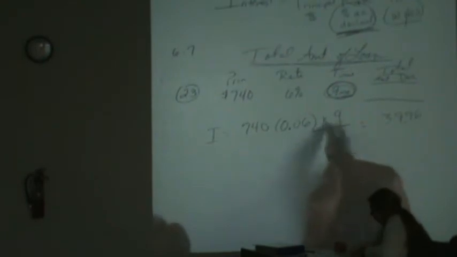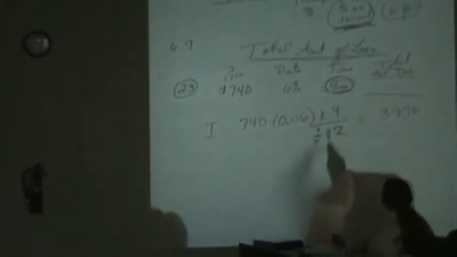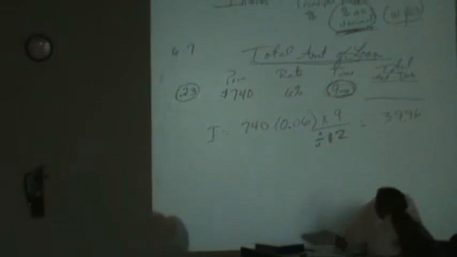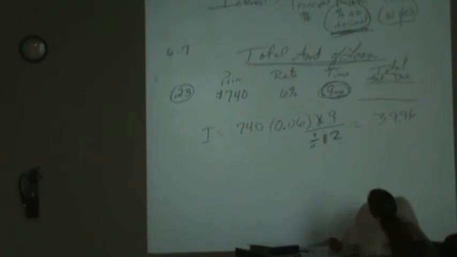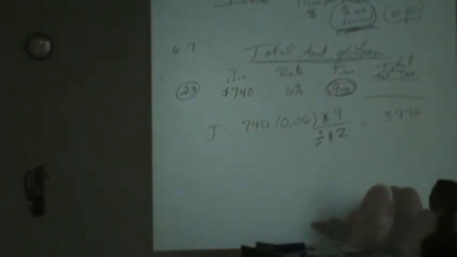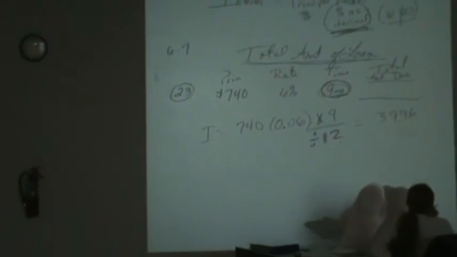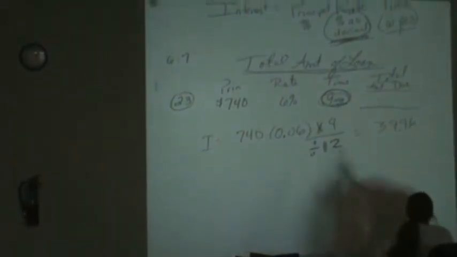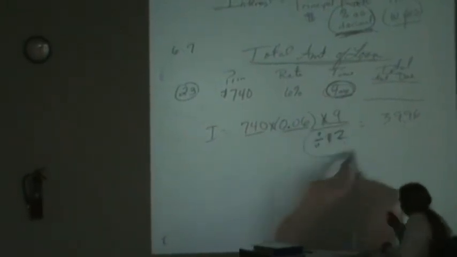So if it's 9 months, you say this is 9 months out of 12 months. It's 9 out of 12. So you multiply times 9, then you divide by 12. At the end of the multiplication, the very last thing you do is divide by 12. Multiply all 3 of these and then divide it by 12.